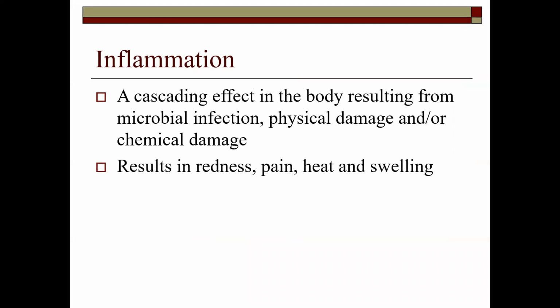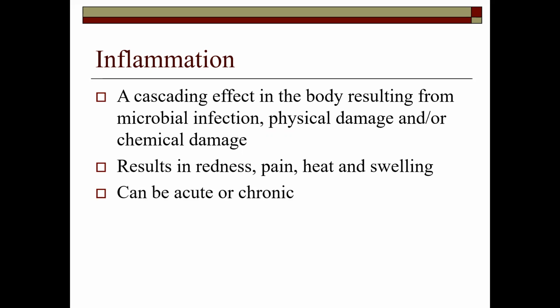The signs of inflammation are always the same: redness, pain, heat, and swelling. It doesn't matter whether it's a bacterial infection, a viral infection, if you fall down and hurt yourself, or if you burn yourself with a chemical. Inflammation is always going to be redness, pain, heat, and swelling.